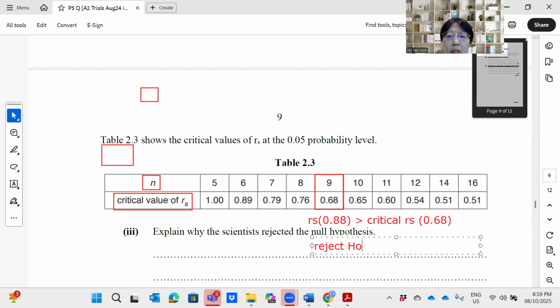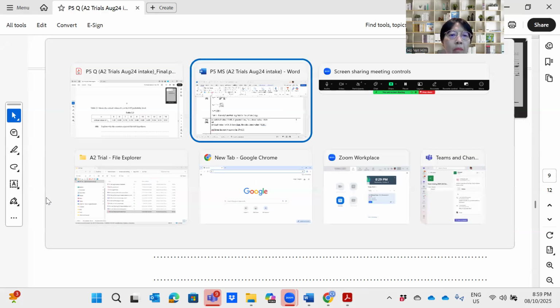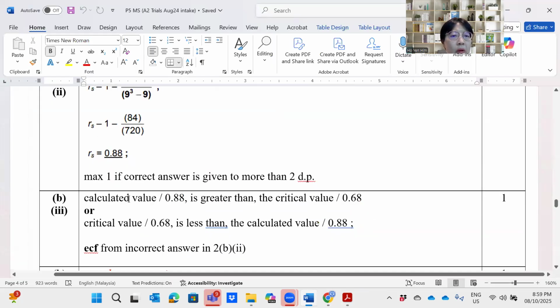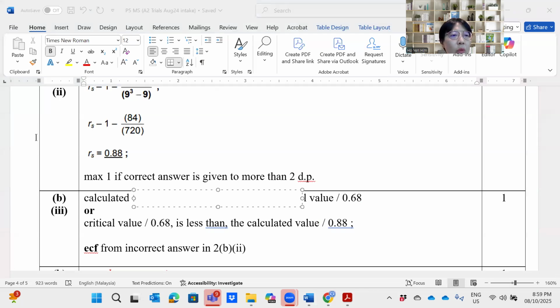That means there is a correlation between variable A, which is the temperature, and variable B, which is the percentage cover of the plant. The calculated value 0.88 is greater than the critical value 0.68. Okay, 1 mark.